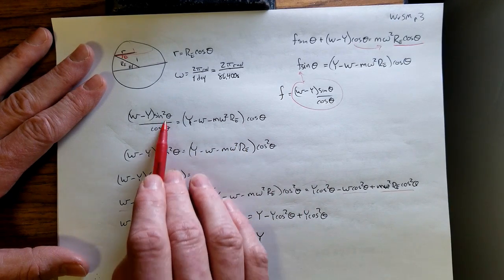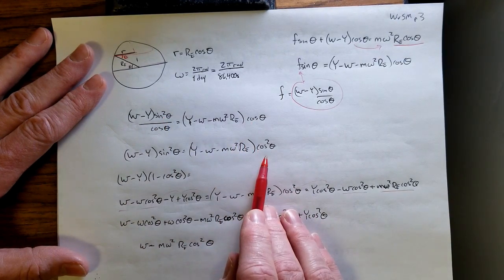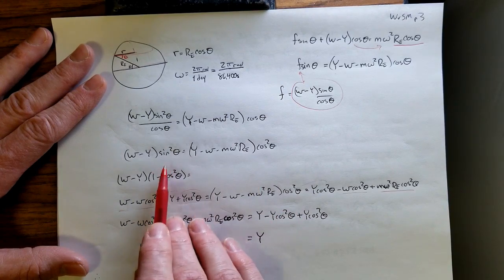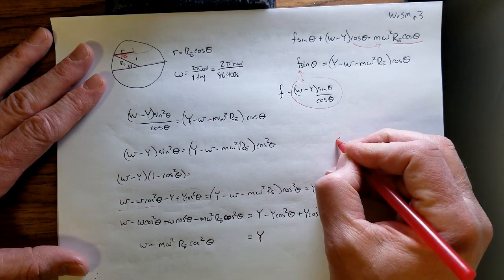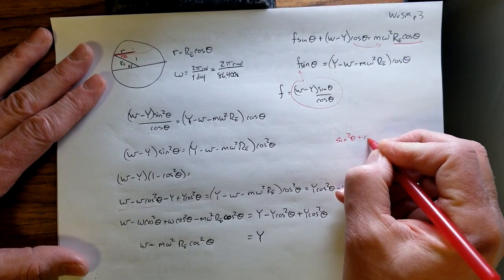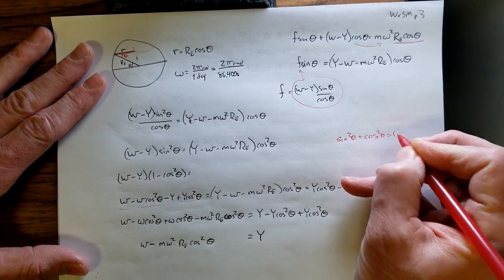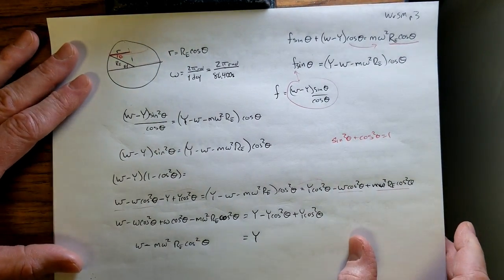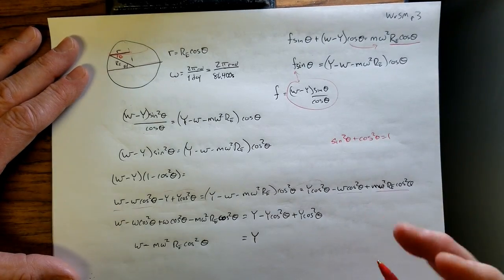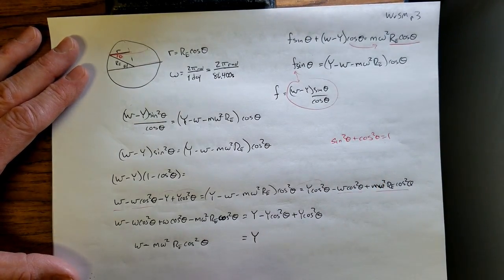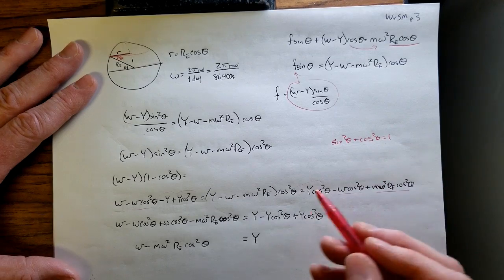We have a sine squared still over here on this side, and on that side we now have a cosine squared. Sine squared is 1 minus cosine squared, since sine squared theta plus cosine squared theta equals 1. That's one of the basic identities of trig, and if you're not familiar, there's another video out there where I talk about that in a little more detail, or there's also math class.